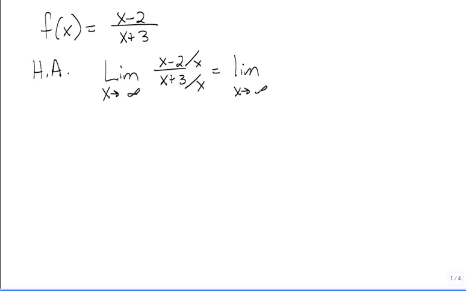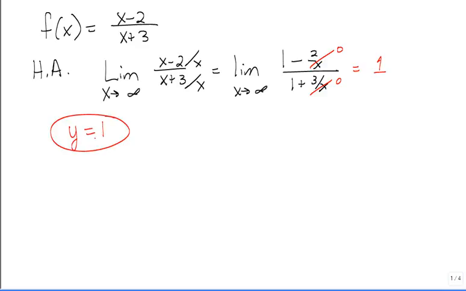So if we divide each term by x, we get x over x minus 2 over x, over x over x plus 3 over x. That goes to 0, that goes to 0, so that's 1. So y equals 1 is our horizontal asymptote.